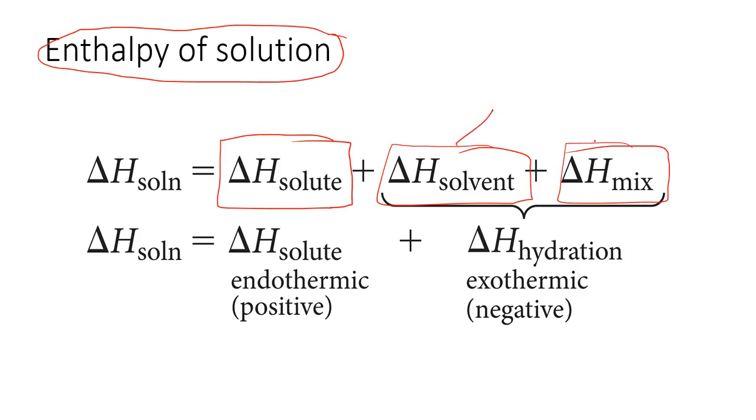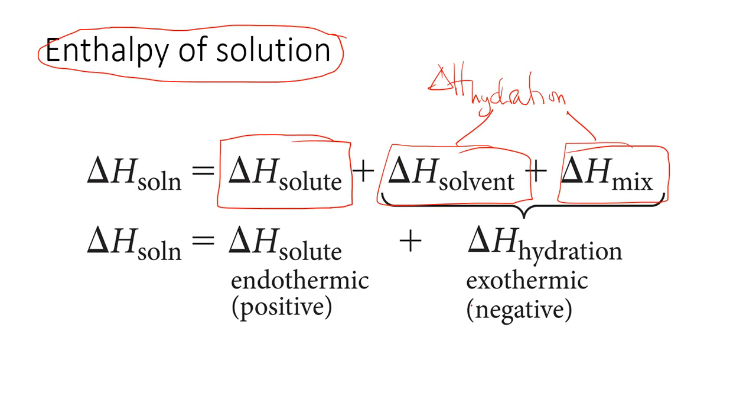The enthalpy of solvent plus the enthalpy of mixing are known as the enthalpy of hydration. Because for hydration to occur, we should have those solute molecules already separated, and then we need to separate the solvent molecules so that they go and surround the solute. That's why hydration involves the solvent and the mixing energy.